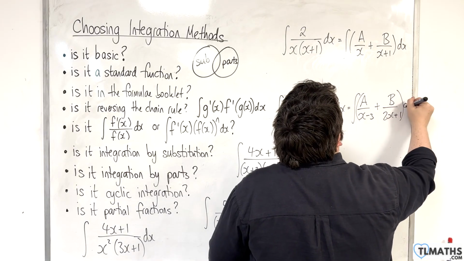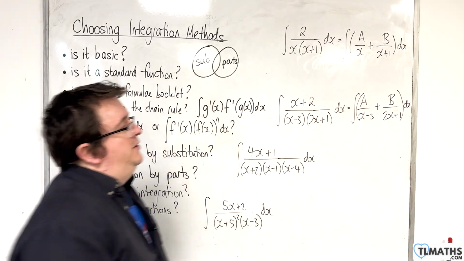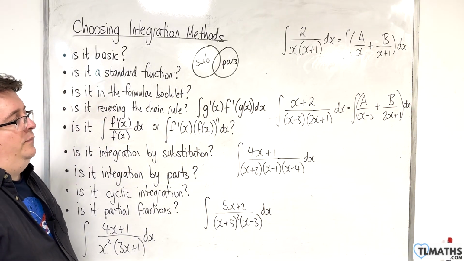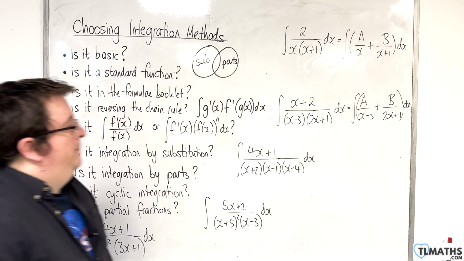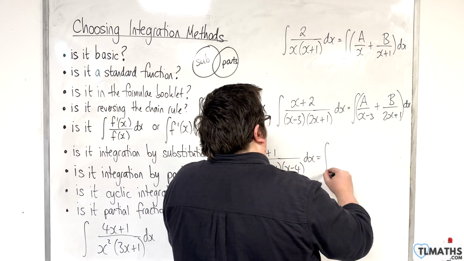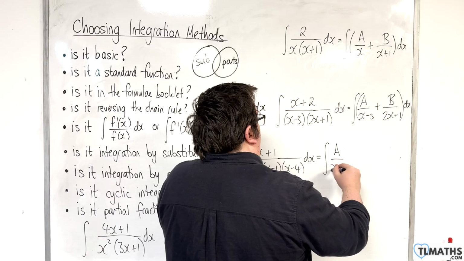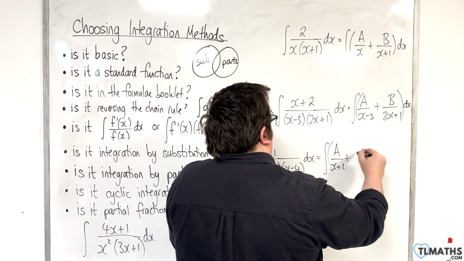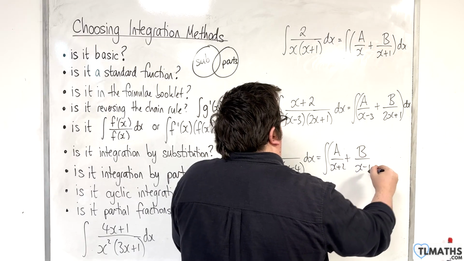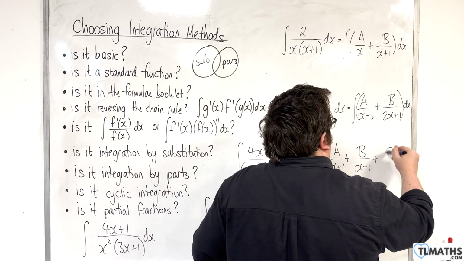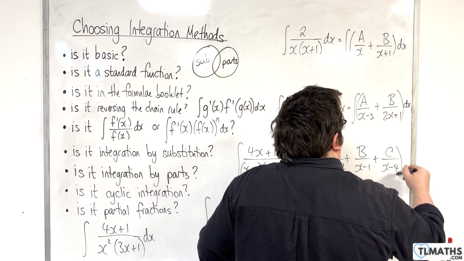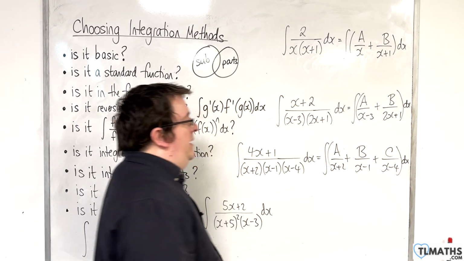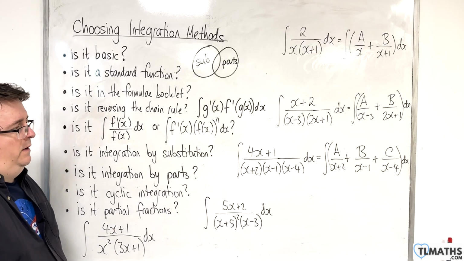Find the a and the b, and then integrate. This one, write it as a over x plus 2 plus b over x take away 1 plus c over x take away 4. Okay, find the a, b and c and then integrate.